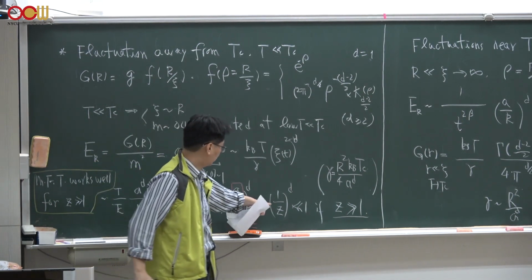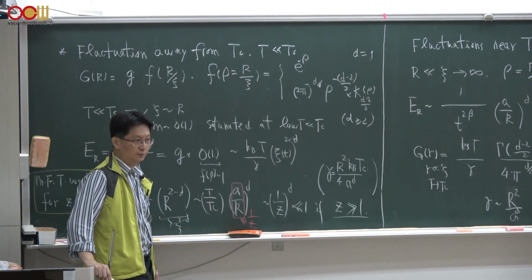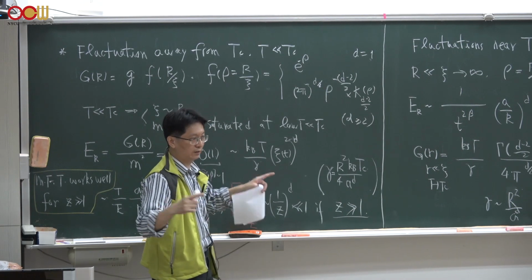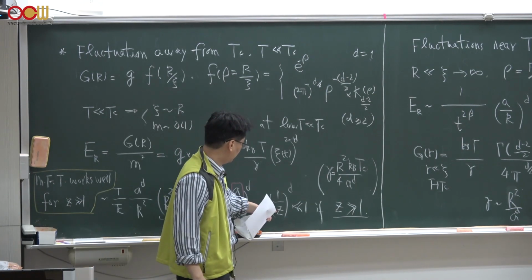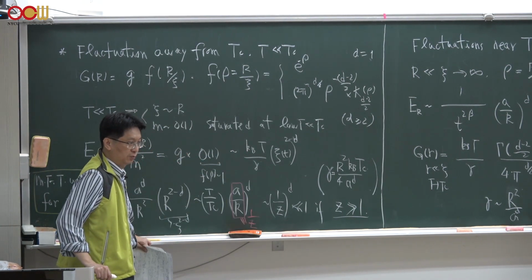Therefore, it is proportional to 1 over z, where z is simply the number of coordinators, or the number of neighbors, or the size of the interaction range relative to the lattice constant. So this factor z determines whether this error bar is small or large.